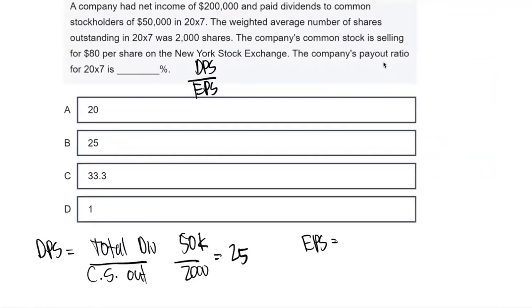That is net income minus preferred dividend, if there is any, but there is none here. Divided by our number of shares. So, please compute. How much is our numerator? That would be 200.